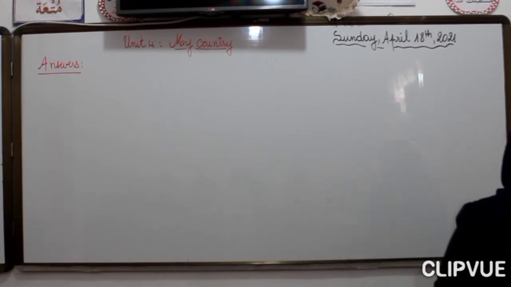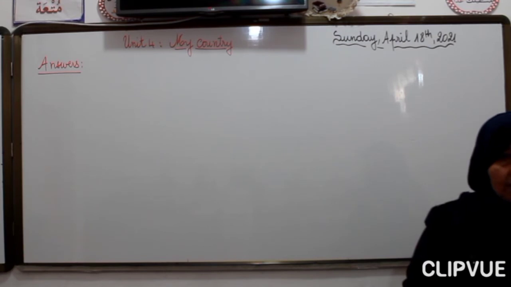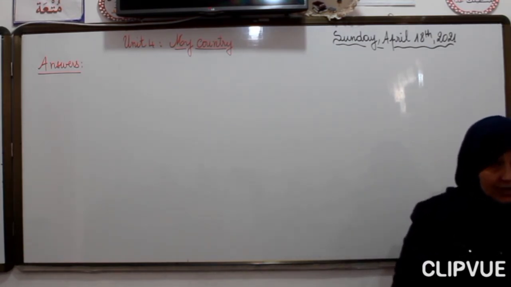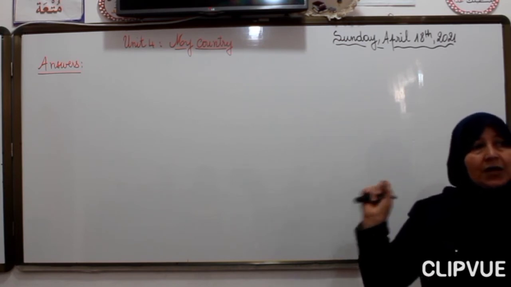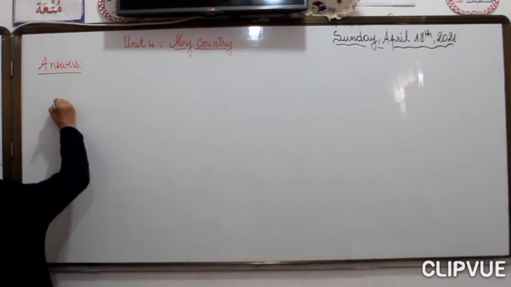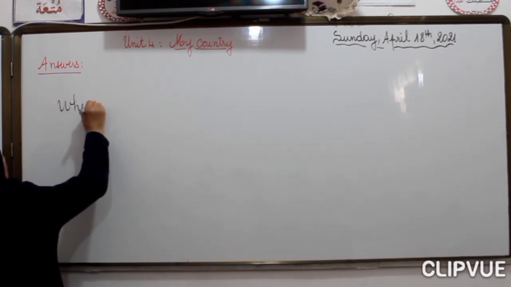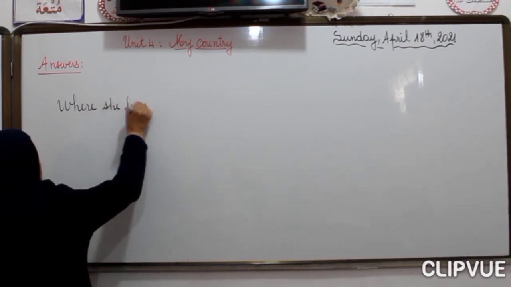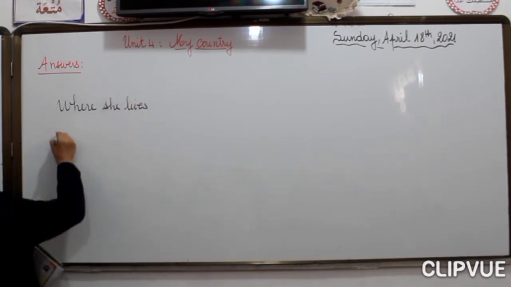Okay, I'm going to write the ideas on the board. Then one of you is coming to the board. You listen again and you tick the ideas she's talking about. Where she lives. Or the weather.